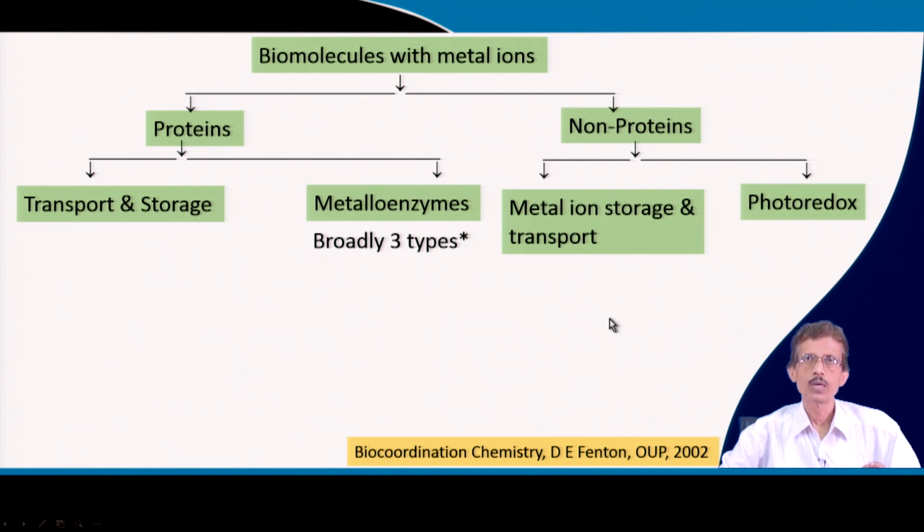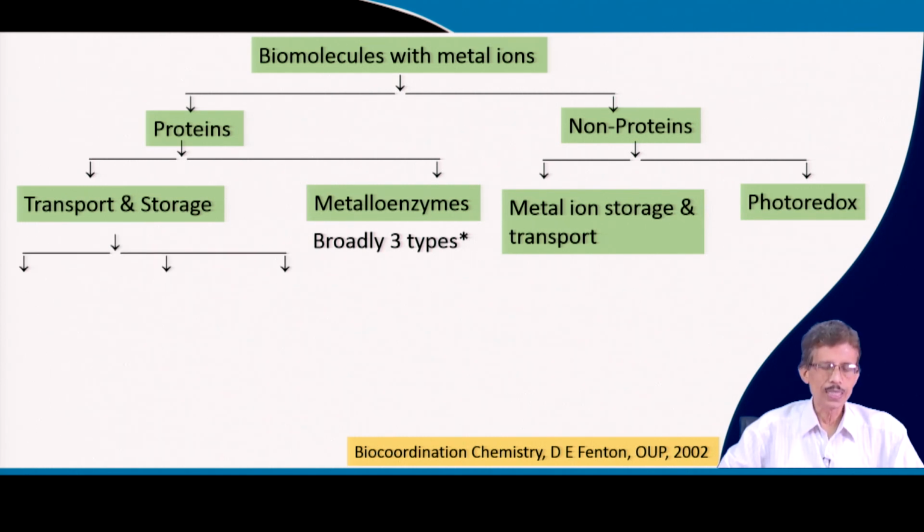Definitely your hemoglobin and myoglobin will not come there. They are the protein part, because already I told you that you have the globin protein chain. So, that will go for your transport and storage part from your metallobiomolecule category. These are again of three types, number 1, number 2 and number 3.